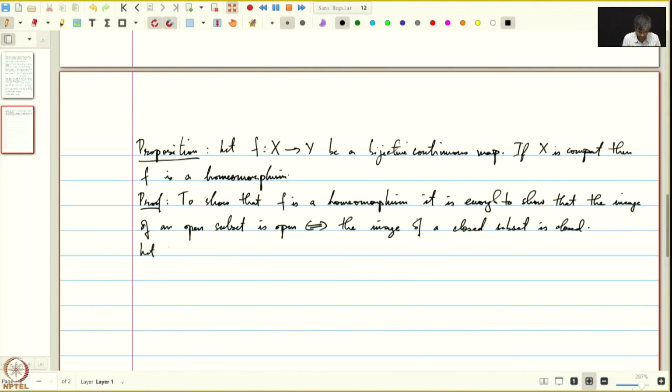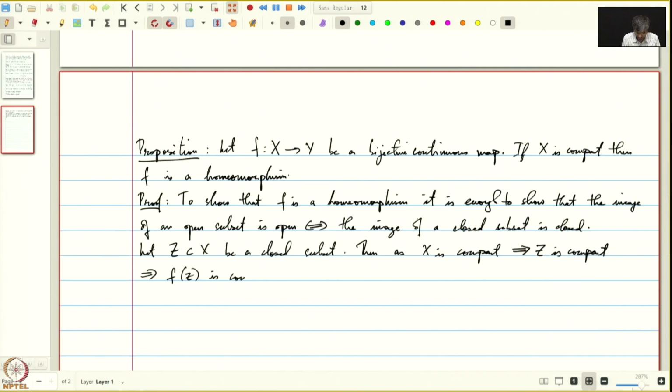So, let Z contained in X be a closed subset, then as X is compact, this implies Z is compact. This is because we had proved that a closed subspace of a compact space is compact, which implies that f of Z is compact. Once again we are under the hypothesis that all our spaces are Hausdorff.